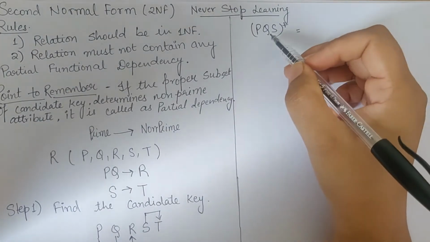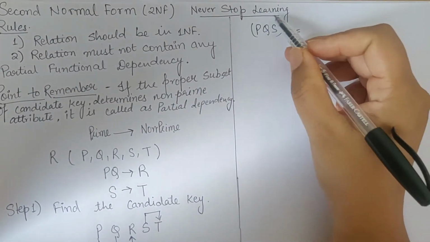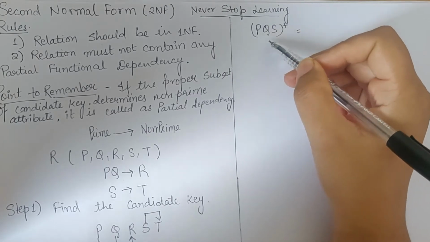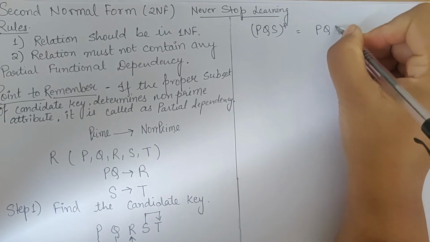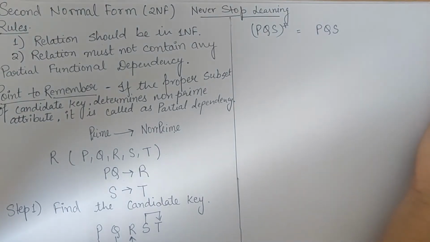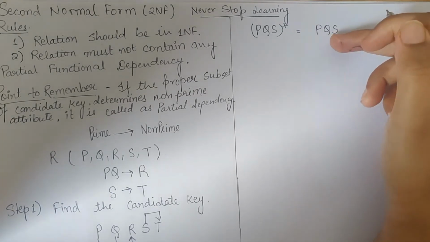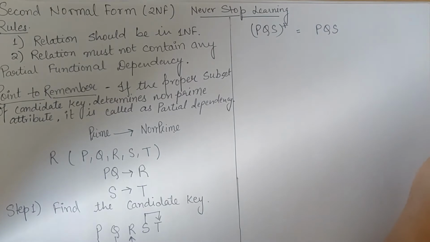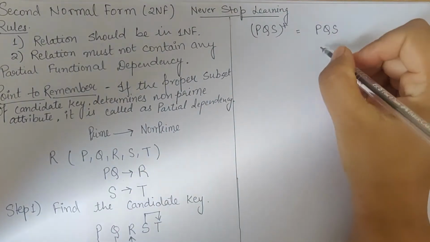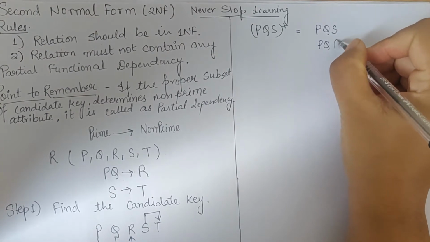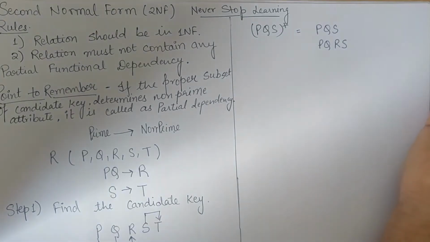How to find out the closure? 2 steps I have told you. First, in the result set, I have to write down the attributes for whom I am calculating the closure. So P, Q, S will come as it is. Then we have to repetitively write down the attributes which are functionally dependent on the attributes in the result set. So if you can see, PQ determines R. So can I write P, Q, R and S? Yes, I can do that.